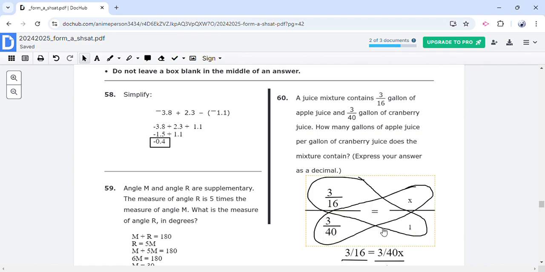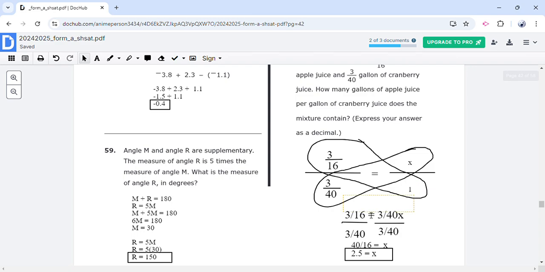And this is the case because 3/40, if you compare it to 1, that means you can compare 3/16 to x. They're basically corresponding numbers.